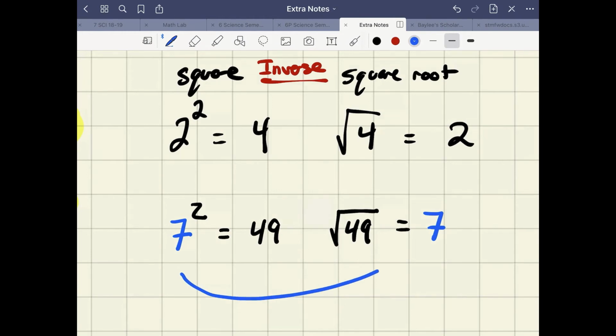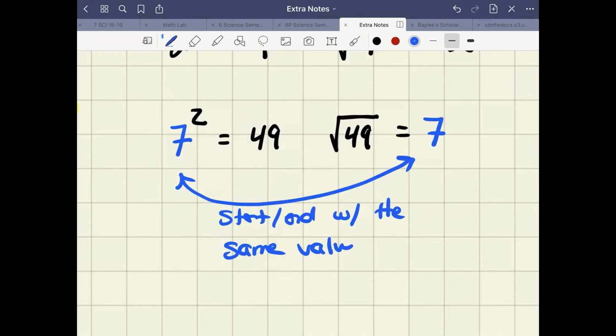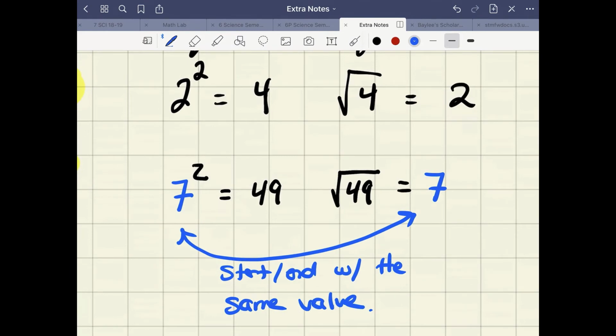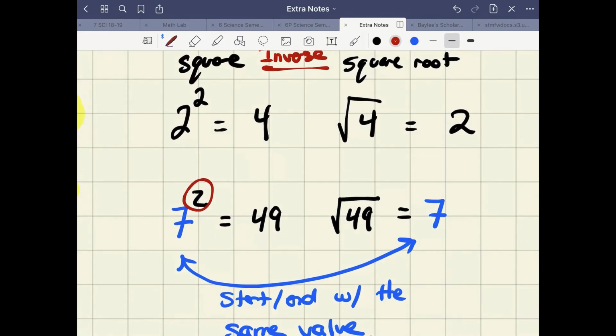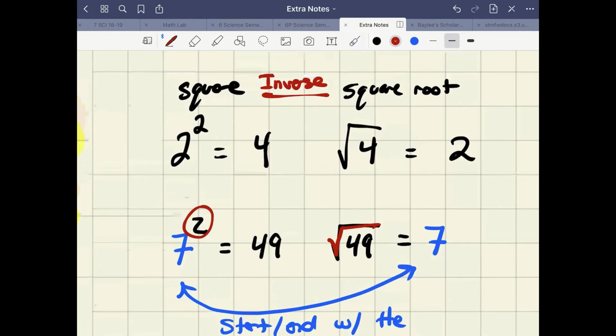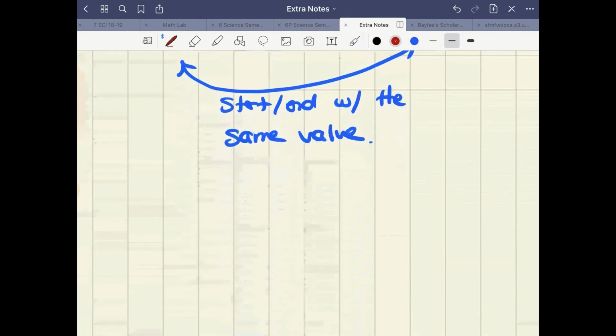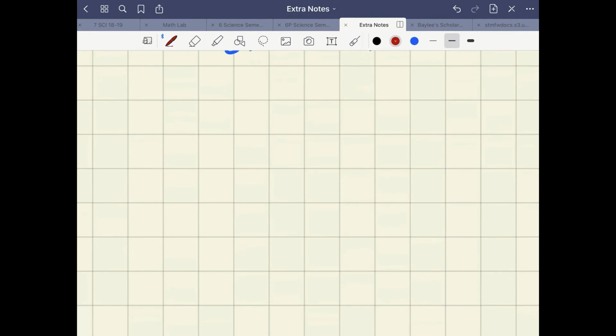I start and end with the same value when I do both the square and the square root. So they are opposites. They cancel each other out.